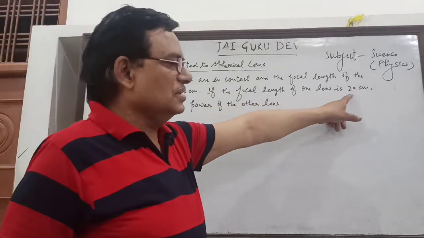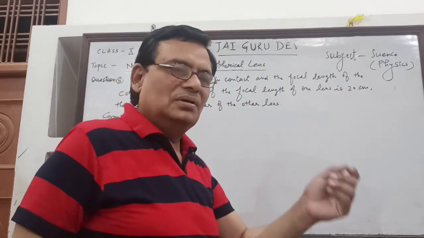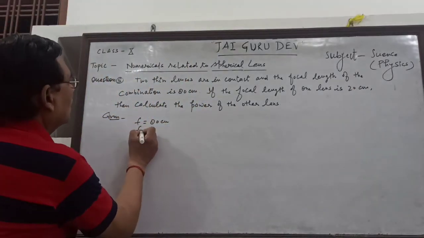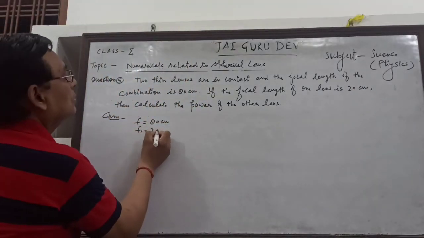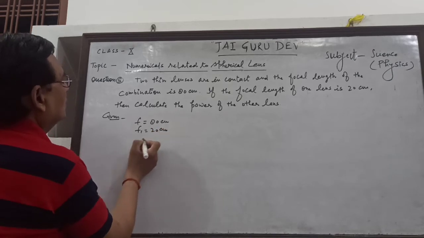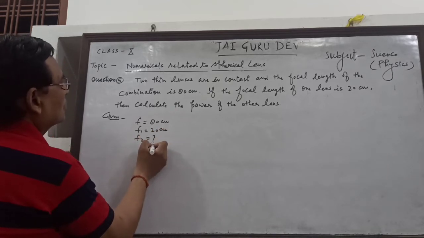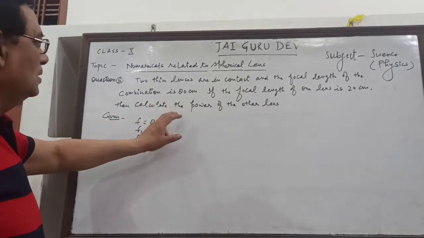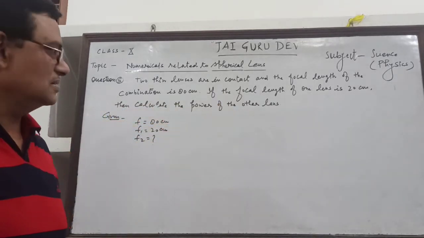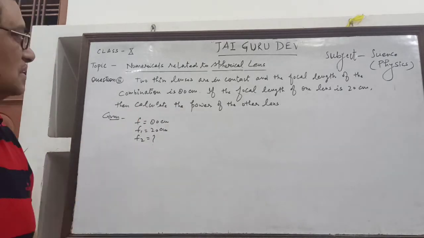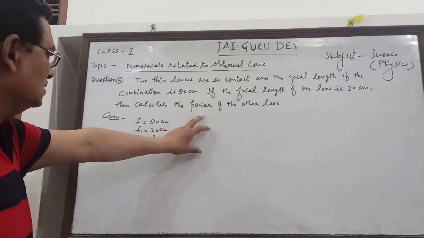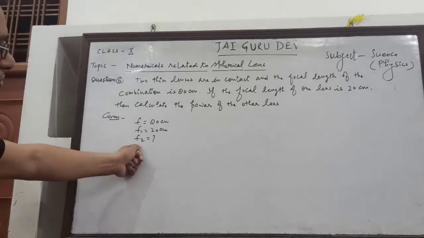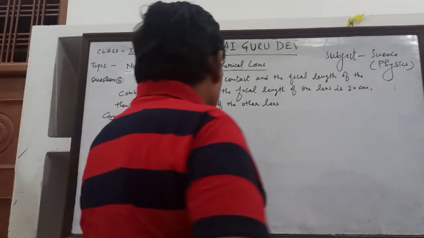One lens 20 centimeter, so we can write this one F1. F1 is equal to 20 centimeter and F2 question mark. Then calculate the power of the other lens. We will calculate the power of other lens when we get the focal length of the other lens.